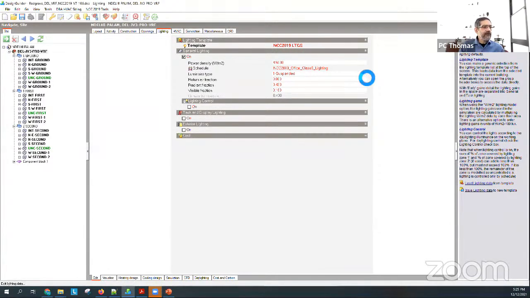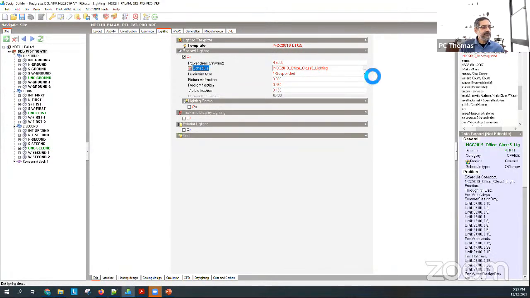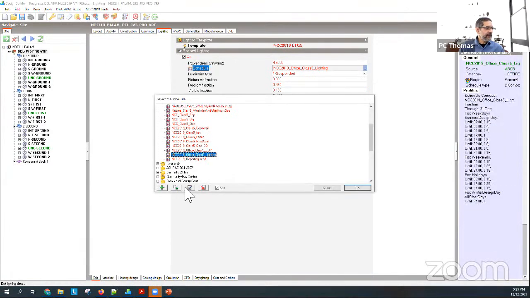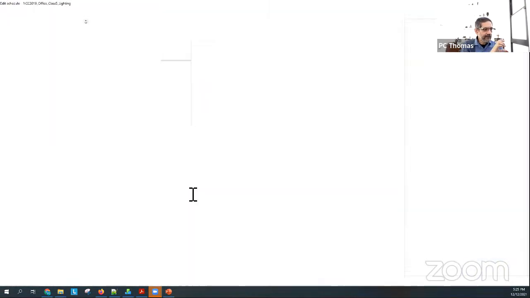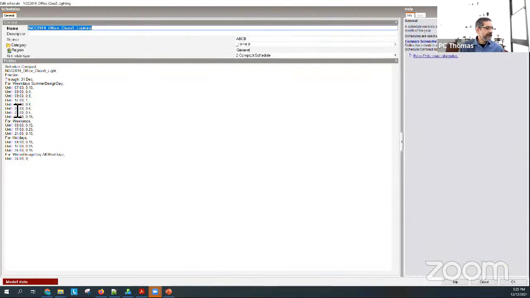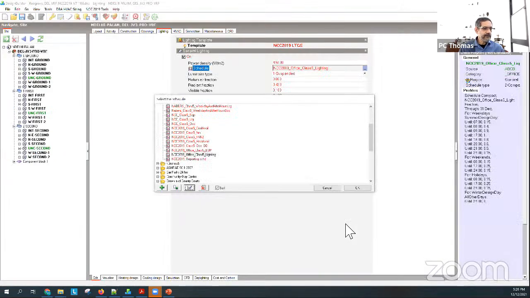And again, if you look at the lighting schedule, you just want to confirm that from 9 o'clock to 5 o'clock, it's 1. So 100% of the design value for lighting power density is applied during that time. So I don't need to do anything for that. Okay.